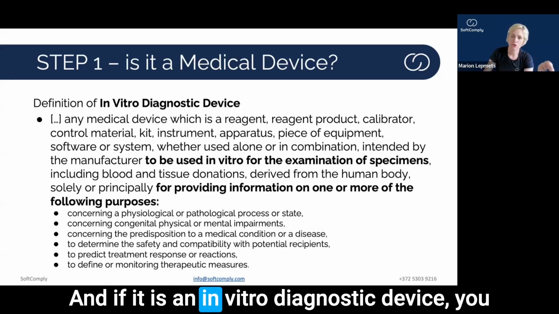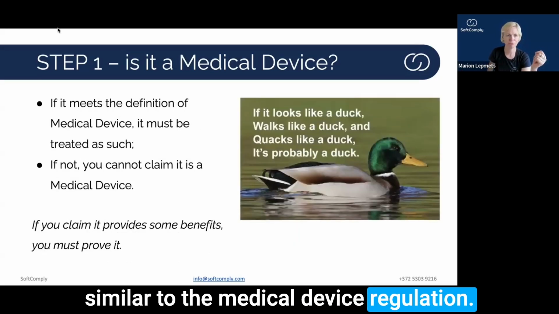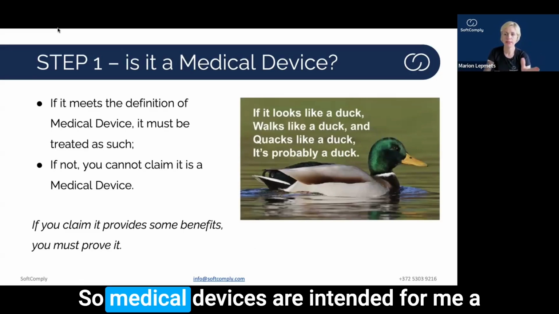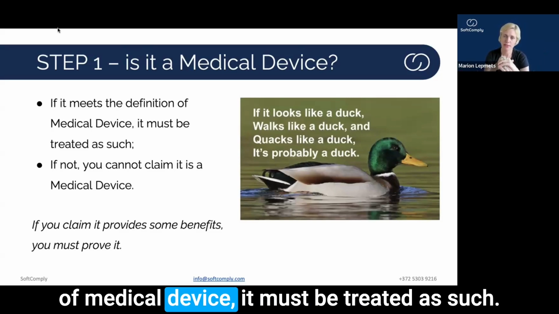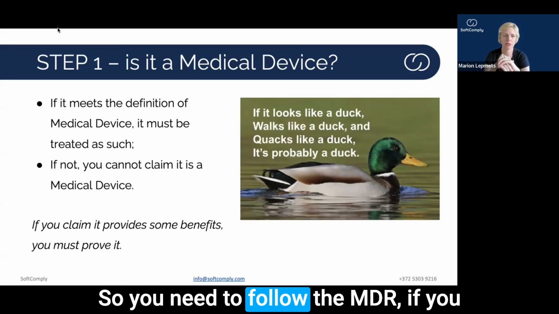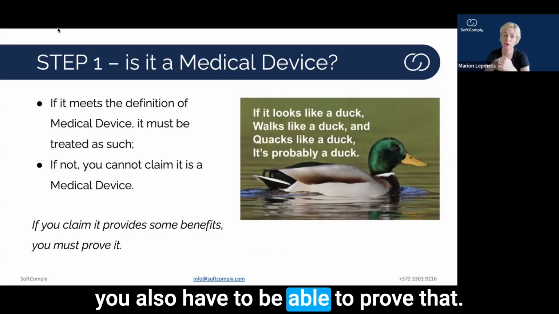And if it is an in vitro diagnostic device, you will have to follow the IVDR, which is quite similar to the medical device regulation. So medical devices are intended for a medical purpose, and if it meets the definition of a medical device, it must be treated as such. So you need to follow the MDR. If you claim it provides some medical benefits, you also have to be able to prove that.